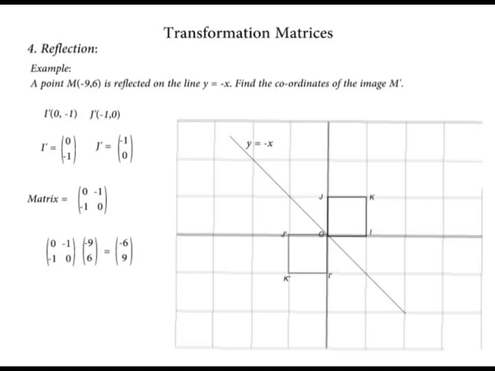So M prime has coordinates (-6, 9). And so you see, by using the unit square and transforming points I and J, we can create the matrices of transformation for special cases and calculate the coordinates of the images.